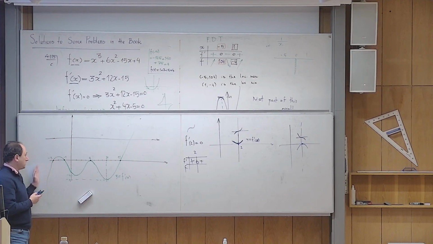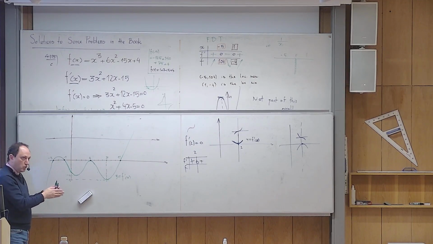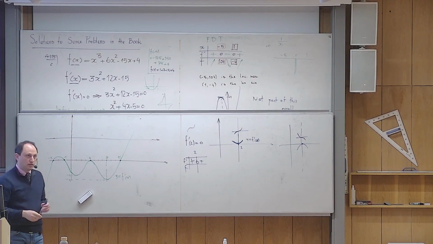Yes? Before that, the graph of the derivative is below the x-axis, so it means the derivative is negative. And then immediately after that, the graph of the derivative is above the x-axis, so it means that the derivative is positive. So the derivative goes from negative to positive.